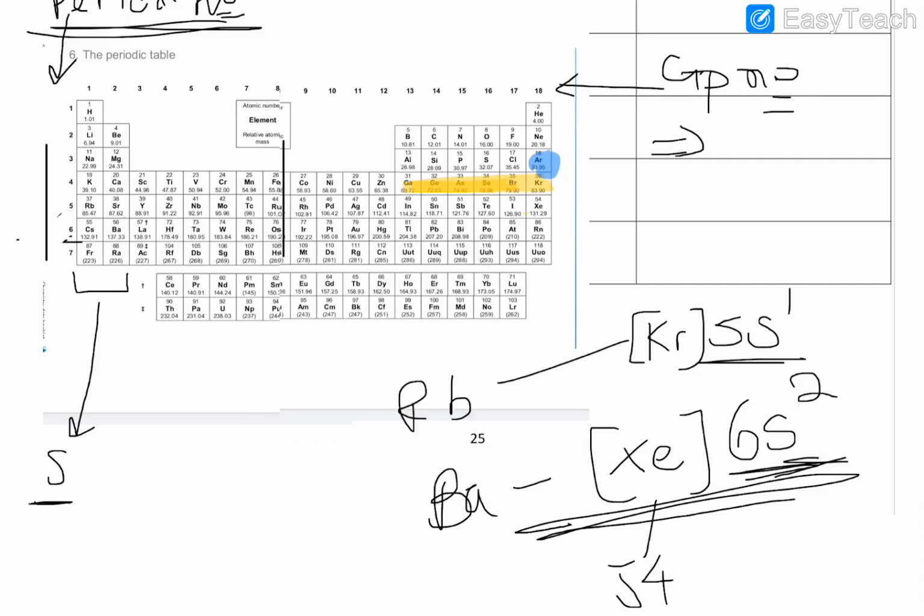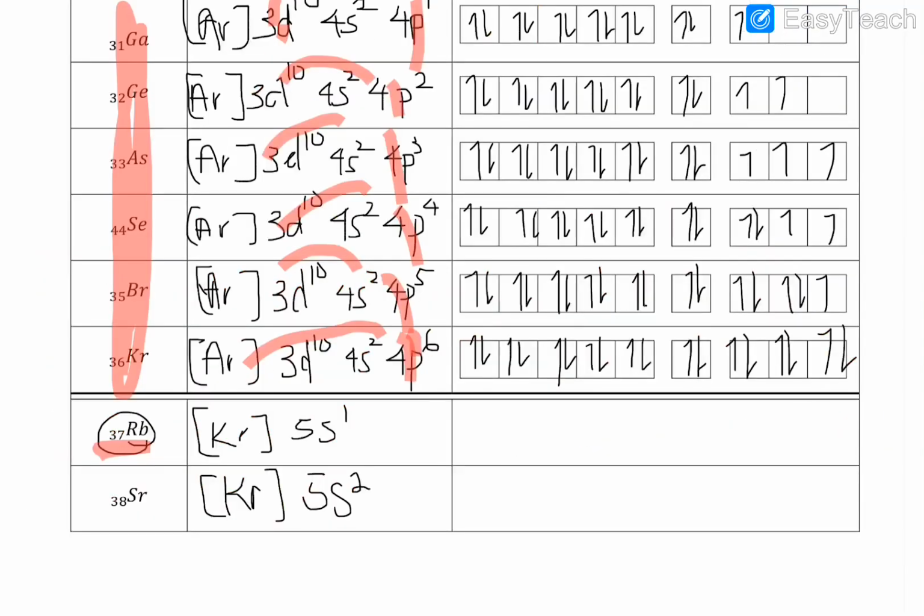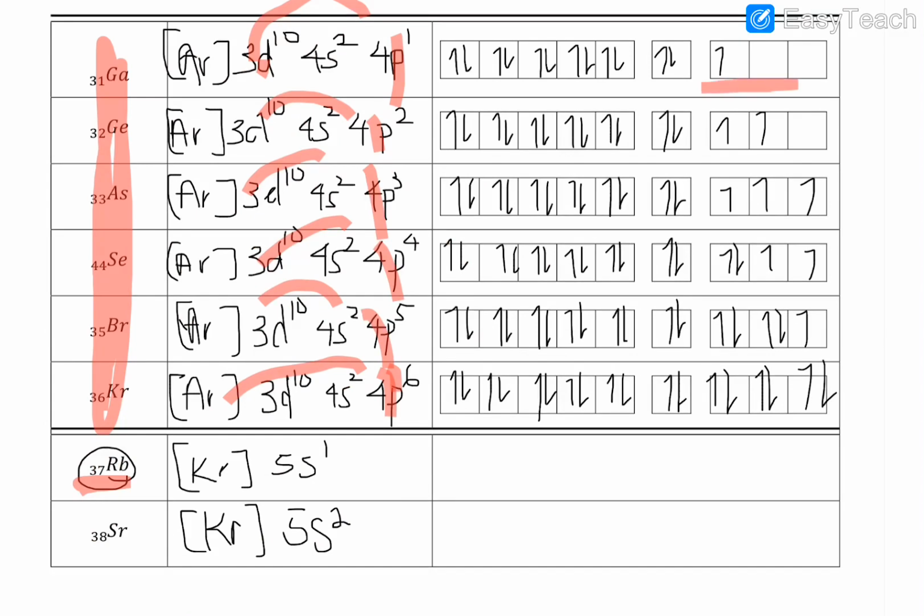But when we move to this part now, rubidium, strontium, and everything over here, we would be using krypton as the reference. Okay, so you always use the noble gas that is before the elements in that period. So these are the P blocks, so that's why we have been filling in the P orbital here.